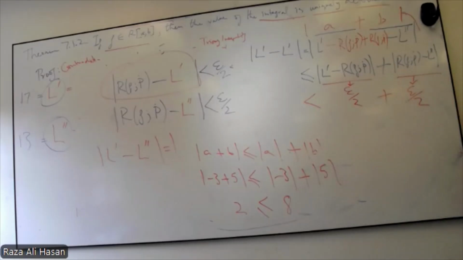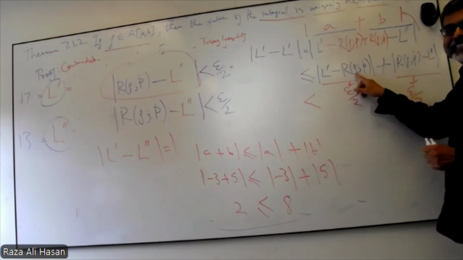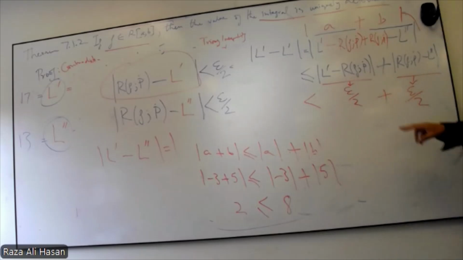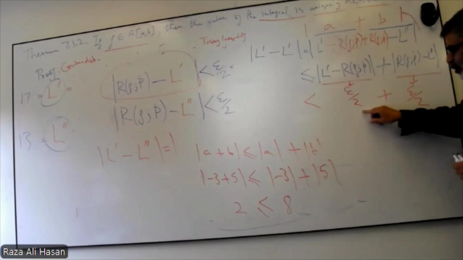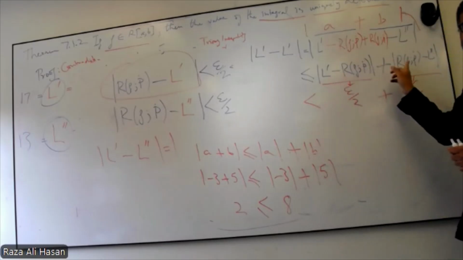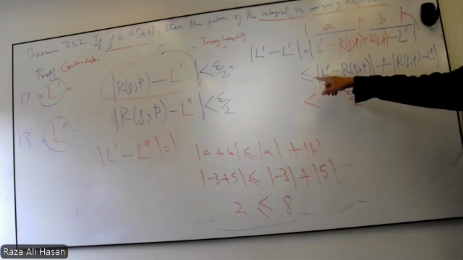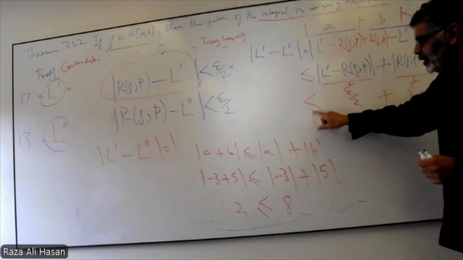Let me try this again. This number is bigger than this. This number is bigger than this. Or this is smaller than this. This is smaller than this. The sum of these things will remain bigger than these two. That's why we drop the equal to. Okay, and we get that.